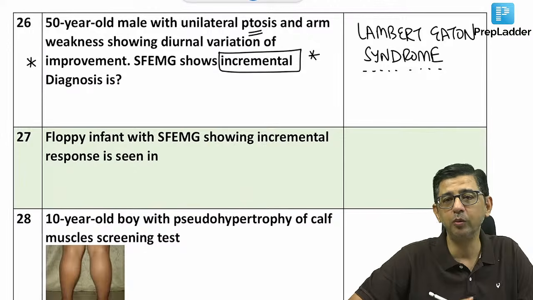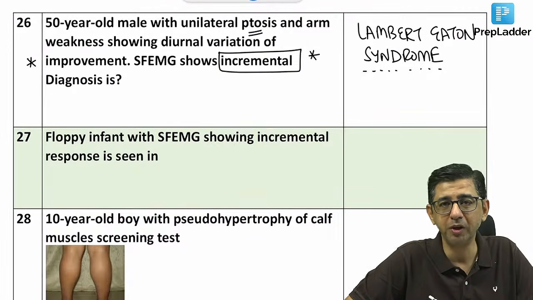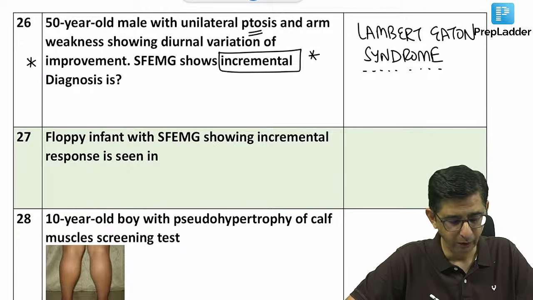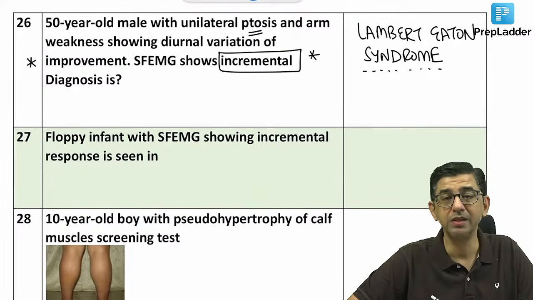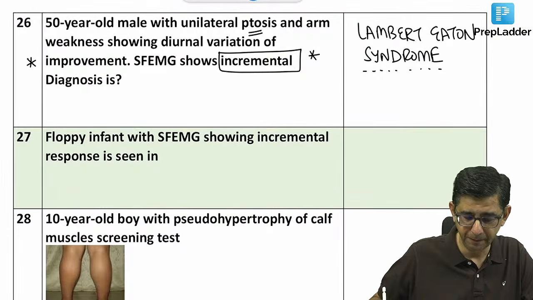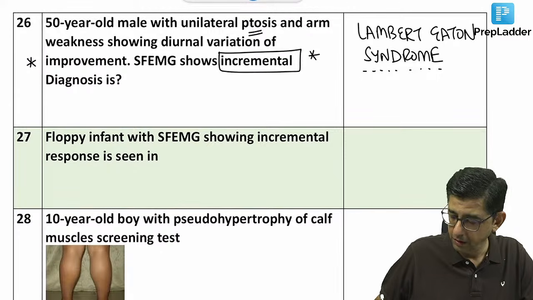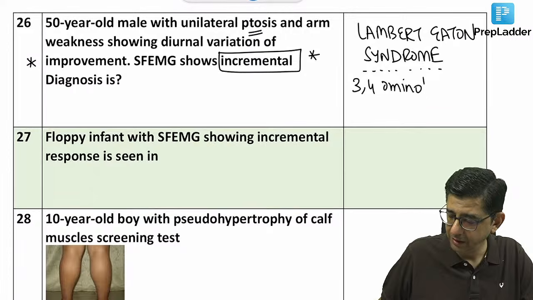Hit the comment button and tell me what is the treatment of choice for Lambert-Eaton syndrome. Quick answers, guys. Yes. Quick answers. What medicine will be given in Lambert-Eaton syndrome? 3,4-aminopyridine. Yes.